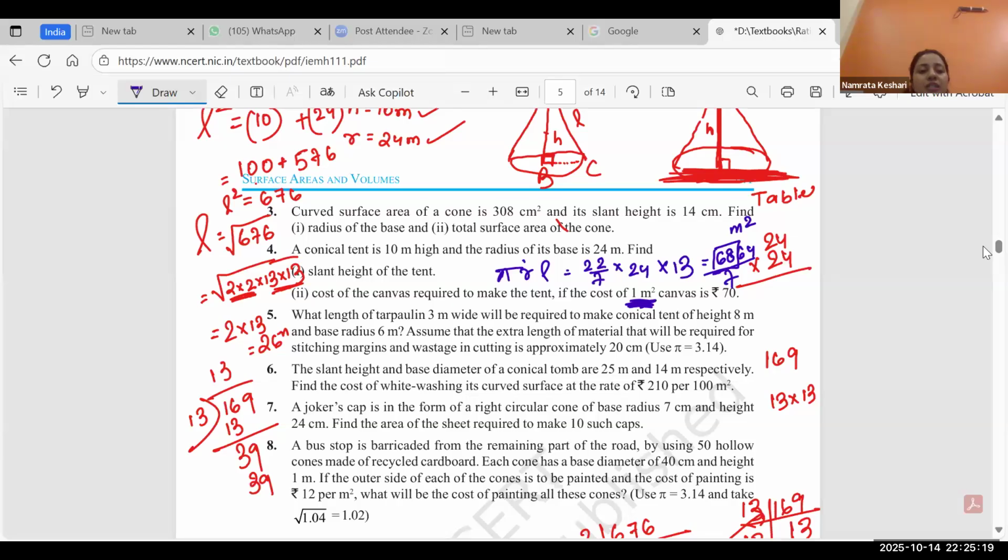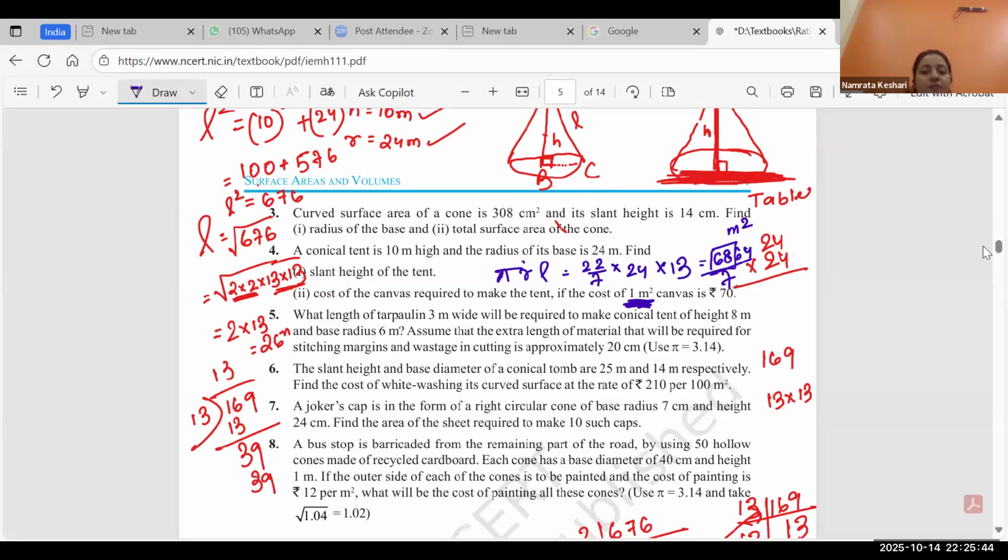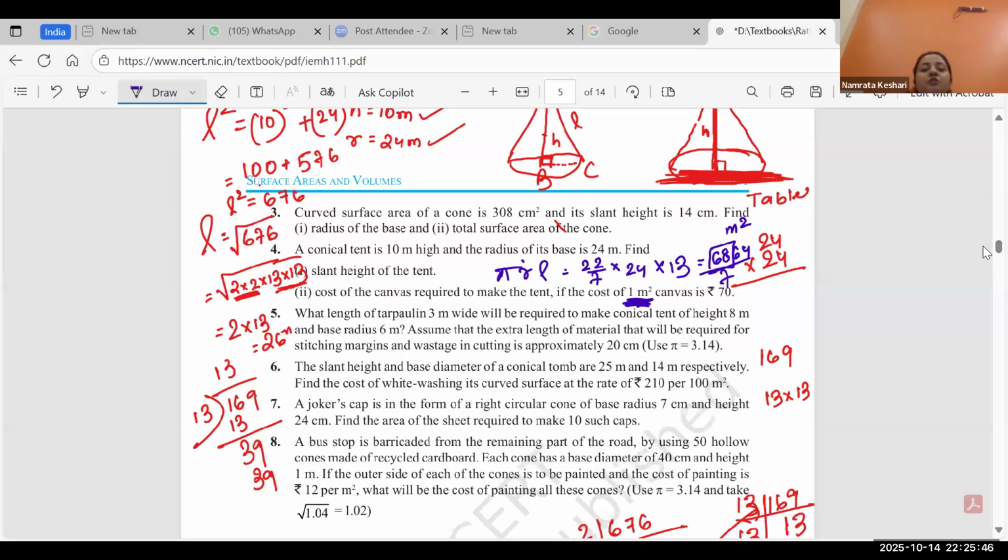Question number 6. The slant height and the base diameter of a conical dome. That means in a cone, the slant height is given and the diameter of the base is given. Radius you will be able to find, right? Find the cost of whitewashing its curved surface at the rate of 210 rupees per 100 meter square.